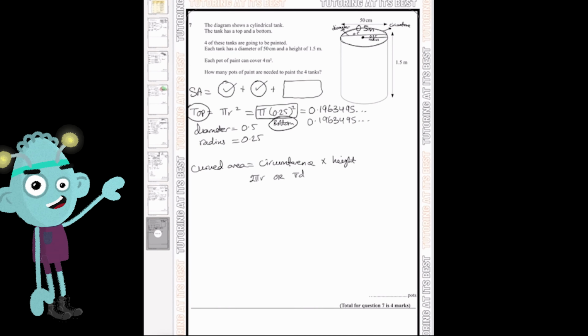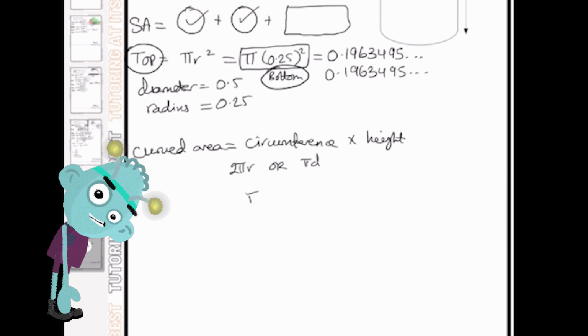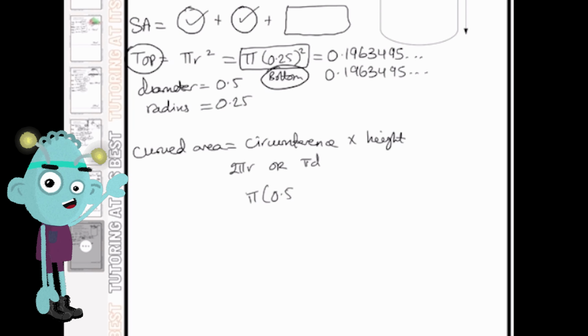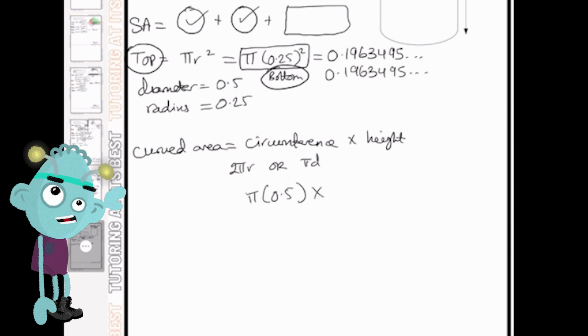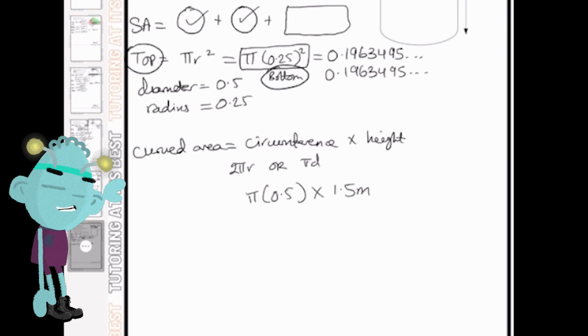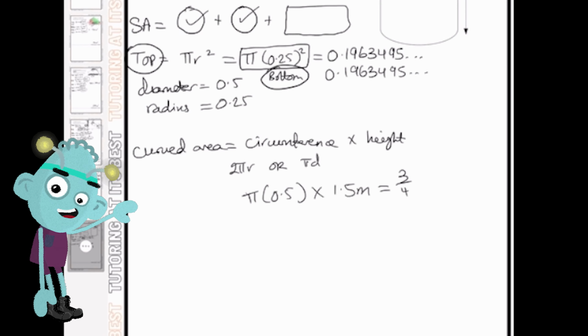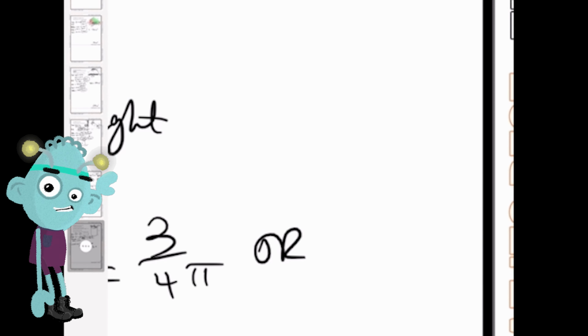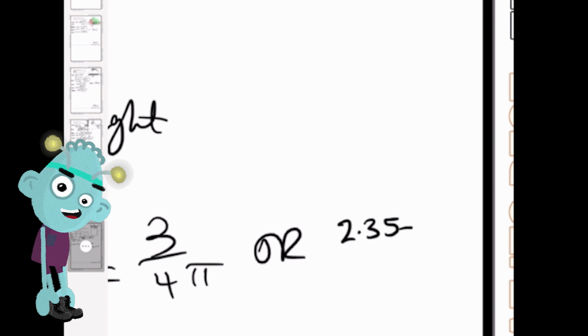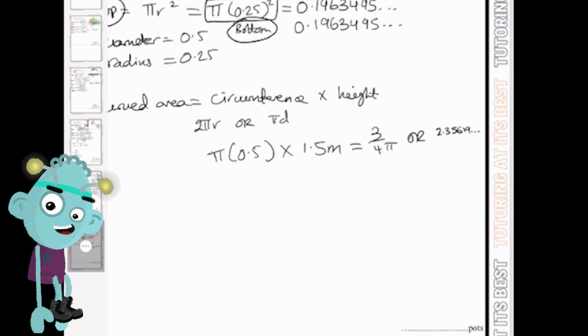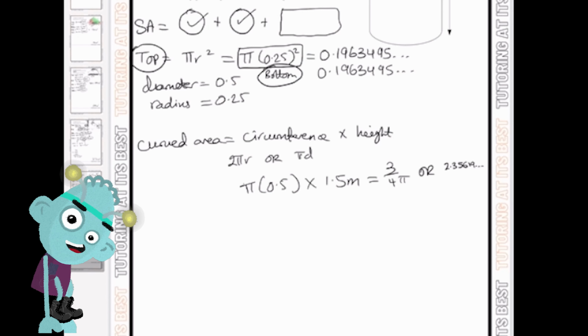So all I'm simply going to do is have pi multiplied by 0.5 times by our height, which is 1.5 meters. So that again would give us 3 over 4 pi, or we could say 2.35619. Marvelous.